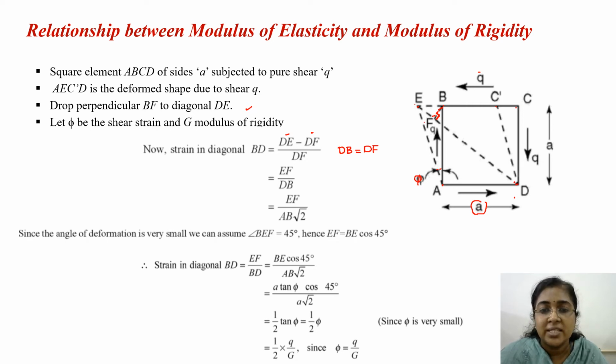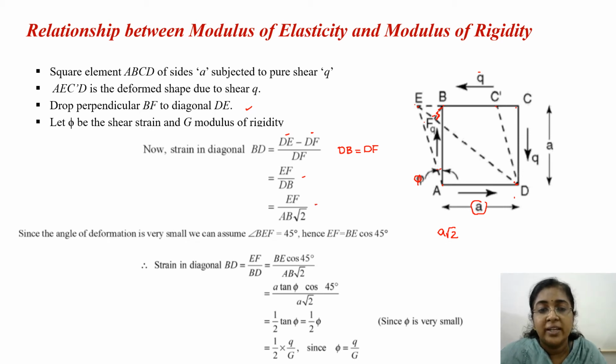So the strain is given by EF by DB. Then DB, it is a diagonal of the square of side A, which is given by A root 2. For a square having side A, the diagonal is given by side into root 2. It is written here.